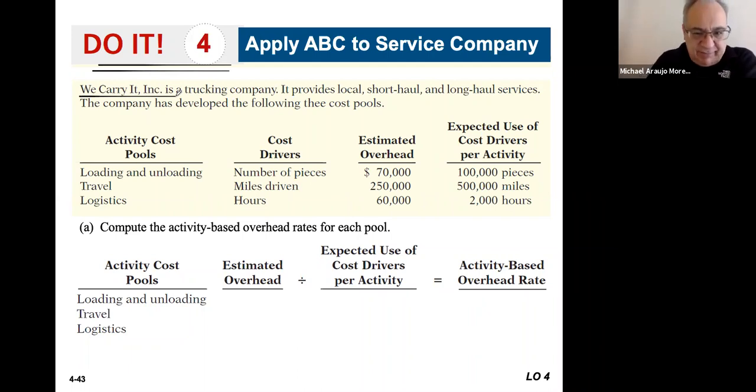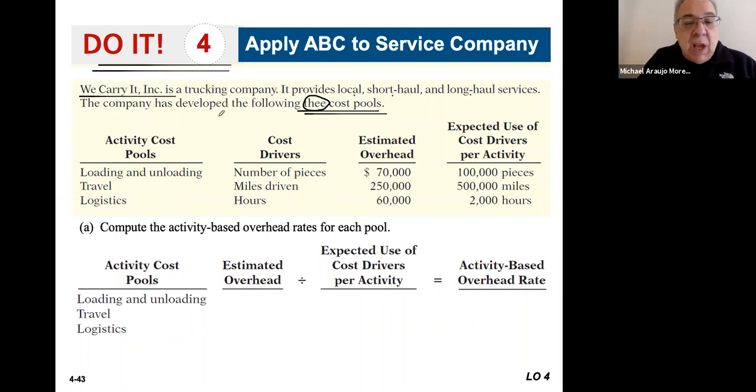They provide local short haul and long haul services. And they've developed the following, should be 3 cost pools, but they're a little Shakespearean here. The cost pools, yes, indeed. Oh, yes. Very, very good. These cost pools, aren't they?